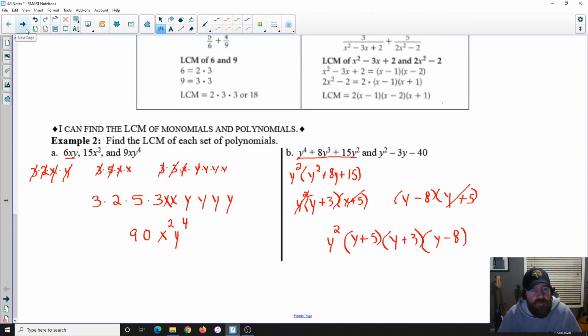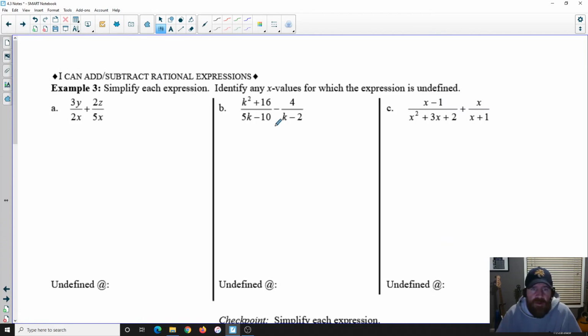All right. So let's take a look at a couple more. Simplify each expression and identify any x values for which the expression is undefined. So remember what we're doing here, least common denominator. We're trying to list out the least common multiple that we just did in example 2.